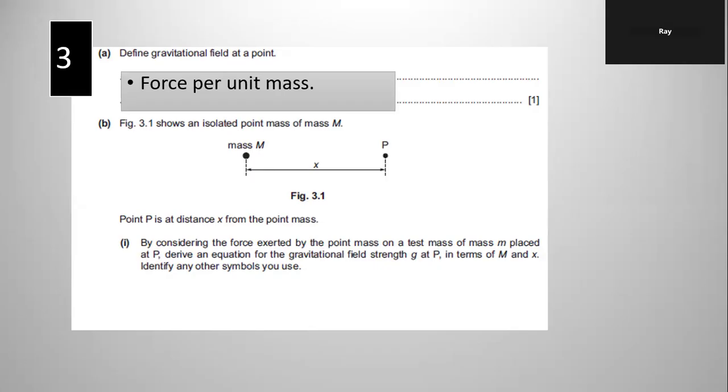Figure 3.1 shows an isolated point mass M. Point P is a distance x from the point mass. By considering the forces exerted by the point mass on the test mass, or mass m placed at P, derive an equation for the gravitational field at P in terms of M and x.